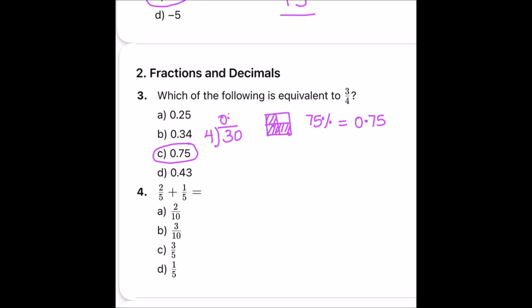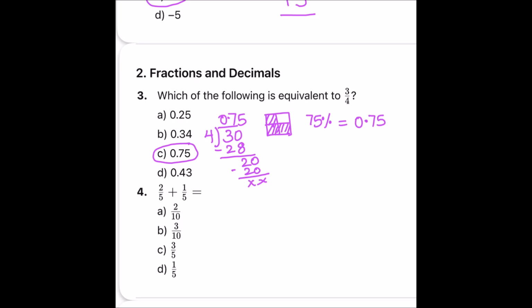Now 4 times 7 is 28. 2 will be the remainder, and as there is a decimal, we can add a 0 here, and 4 times 5 will be 20. So this is also one of the ways. You can use any of the ways to find out the answer in decimal. Let's do the next one.